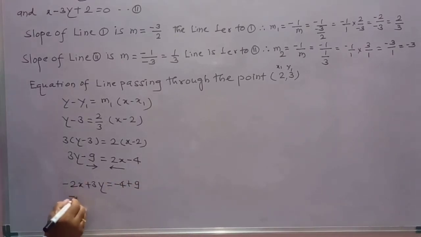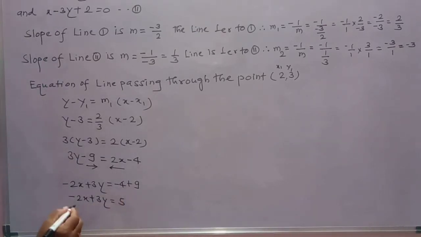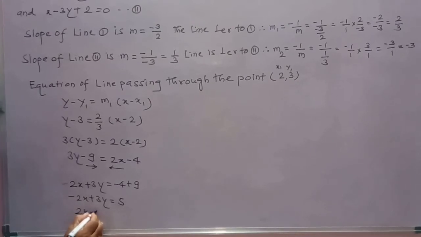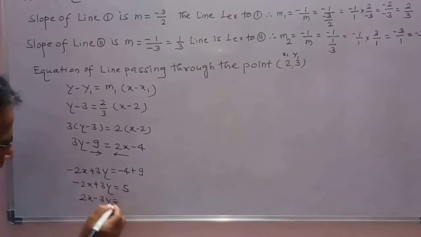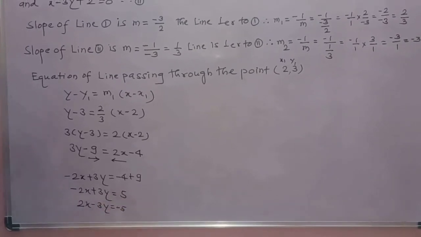Minus 2x plus 3y equal to minus 4 plus 9, which is 5. We multiply by minus 1: 2x minus 3y equal to minus 5.